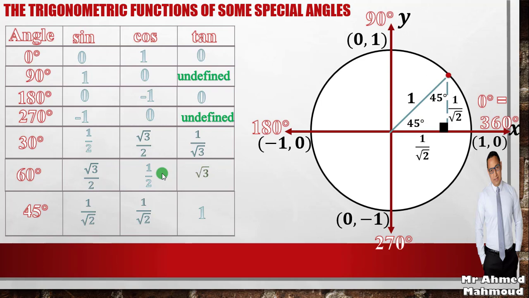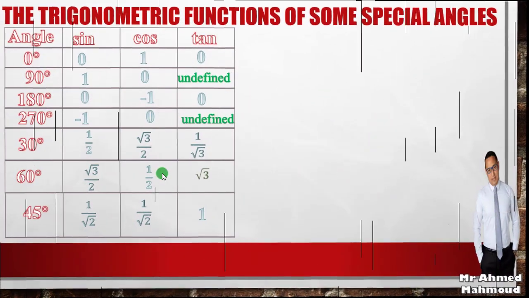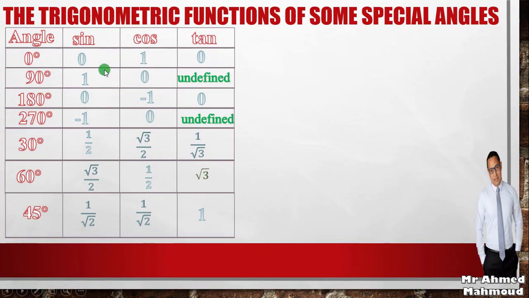Now let's study the same angles but conclude sec, cosec and cotan. I'm going to use the same table and complete another table.